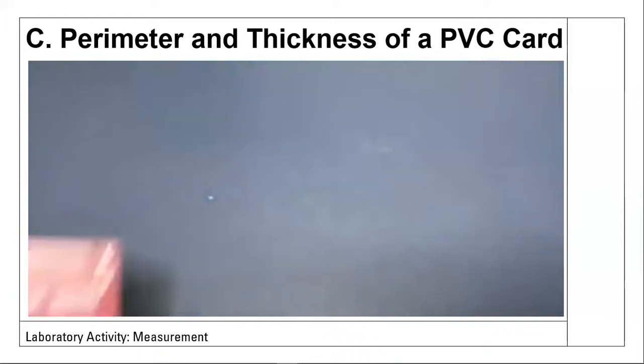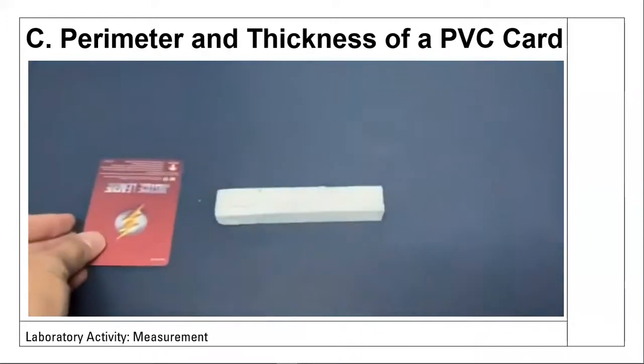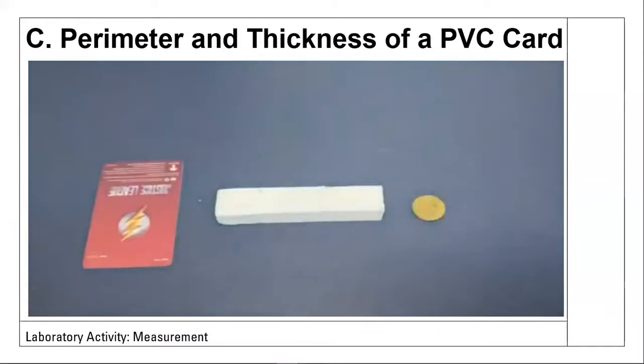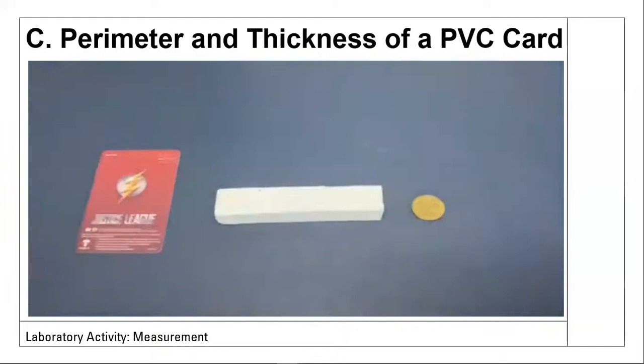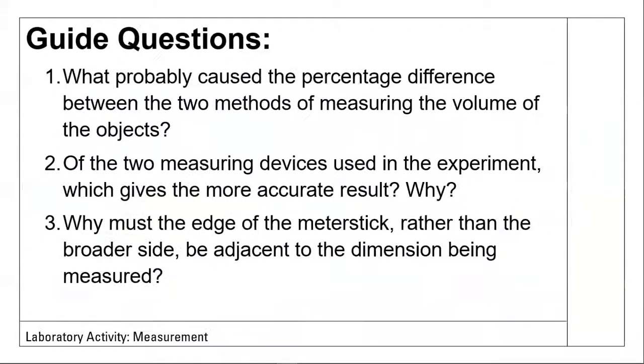Now that we are done measuring the lengths of our different materials, we need to tabulate now all our data in our data table. We are now ready to answer our guide questions.